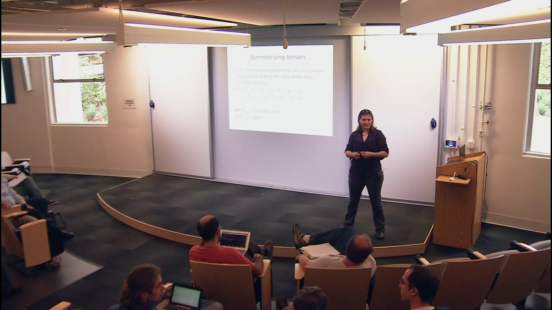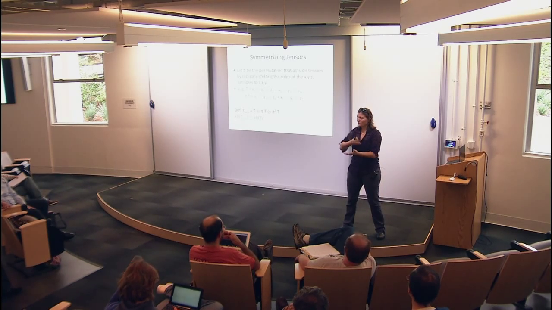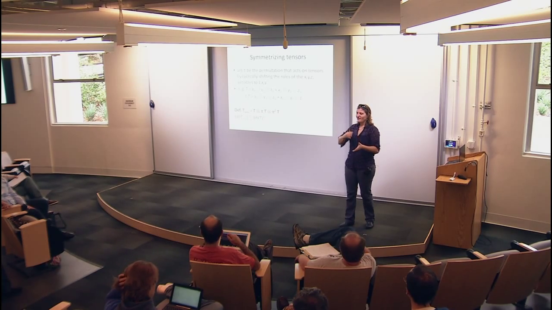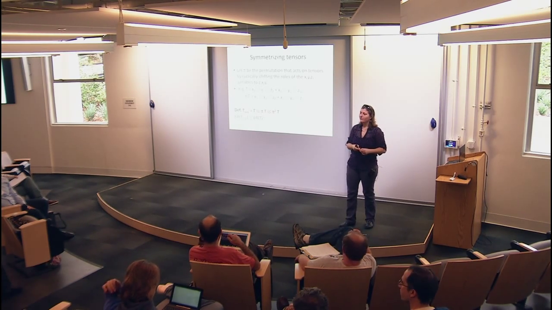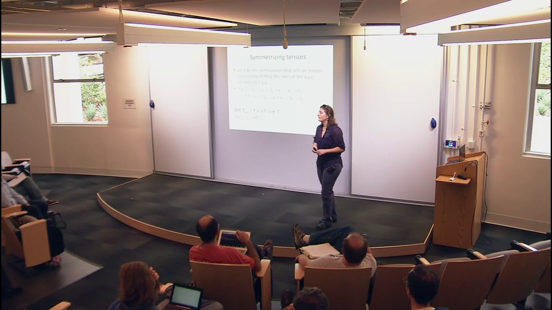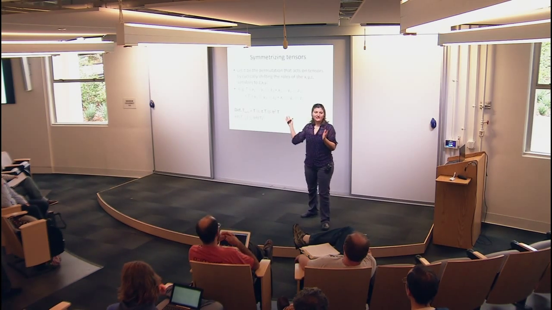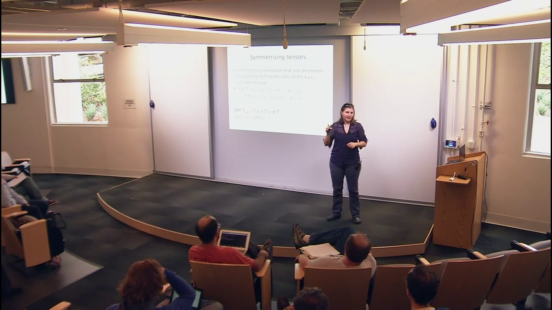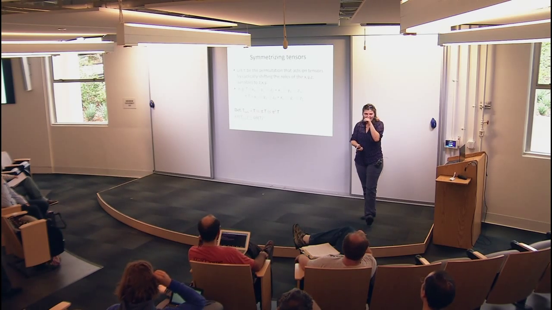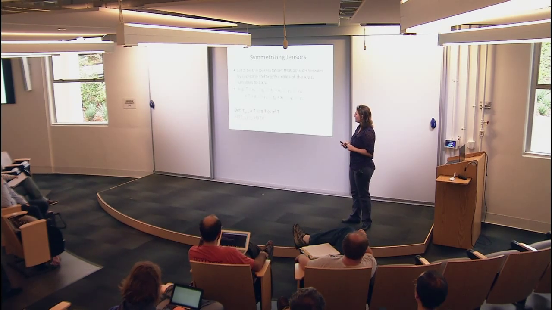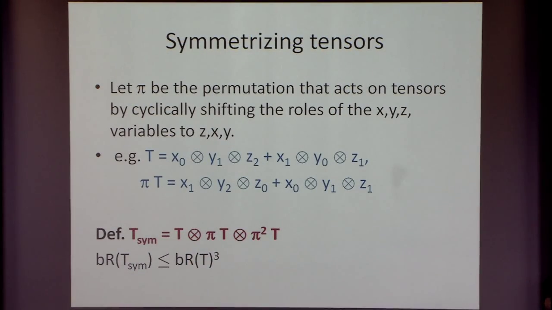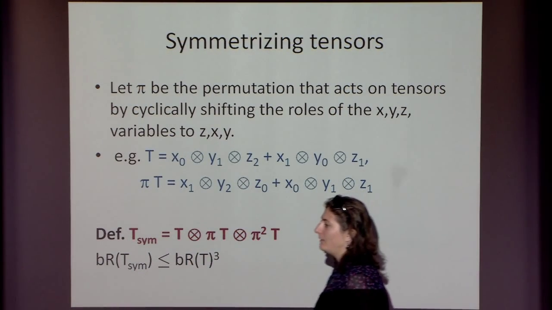Giorgio's confused because we usually reserve the word symmetrizing for making it into a symmetric tensor. But this is a different symmetrization. Symmetrization prime. It symmetrizes the format of the tensor.